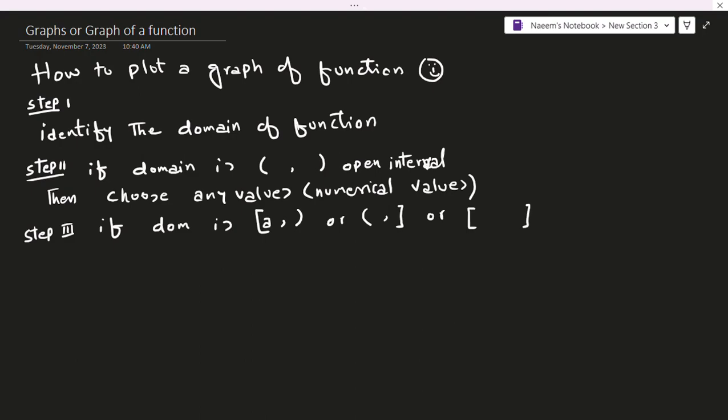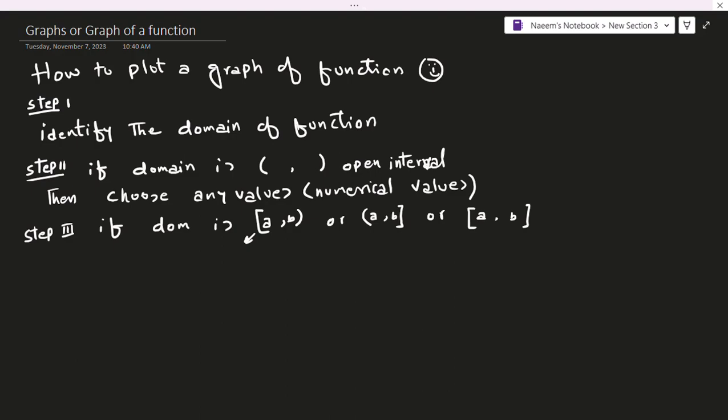Say this is A, this B, this A, this B, this A and this B. To the interval where the interval is closed, take that value in the set of interest.